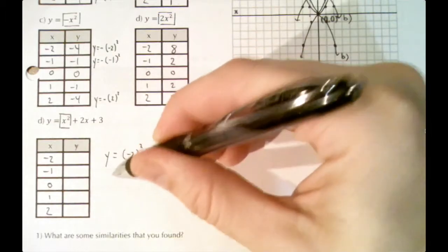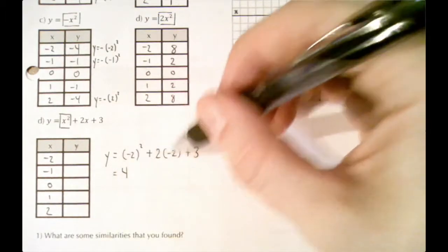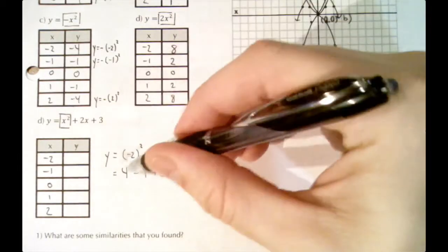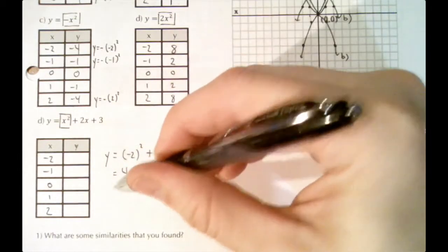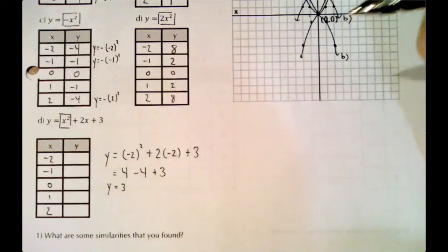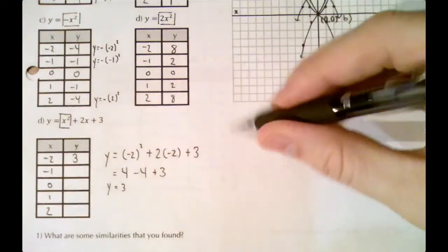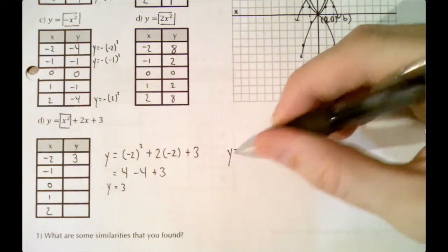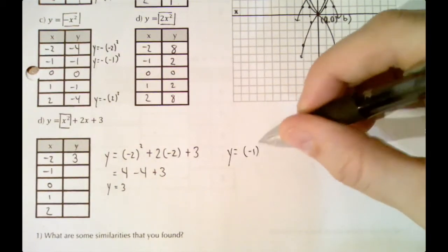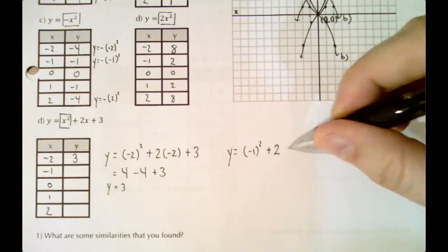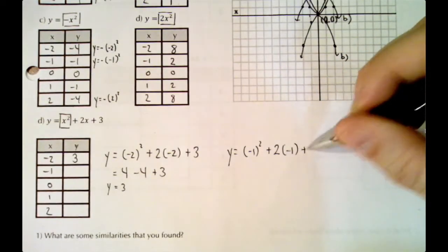Negative 2 squared is 4. 2 times negative 2 is negative 4, plus 3. 4 minus 4 is 0, plus 3 is 3. That first one is 3. Let's do one more to see if we got the hang of it. Y equals negative 1 squared plus 2 times negative 1 plus 3.